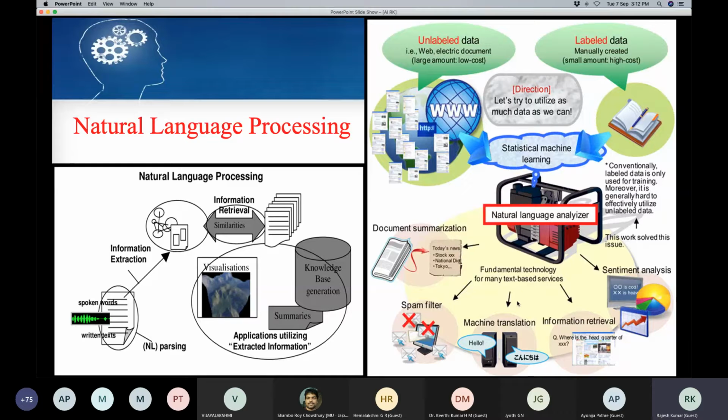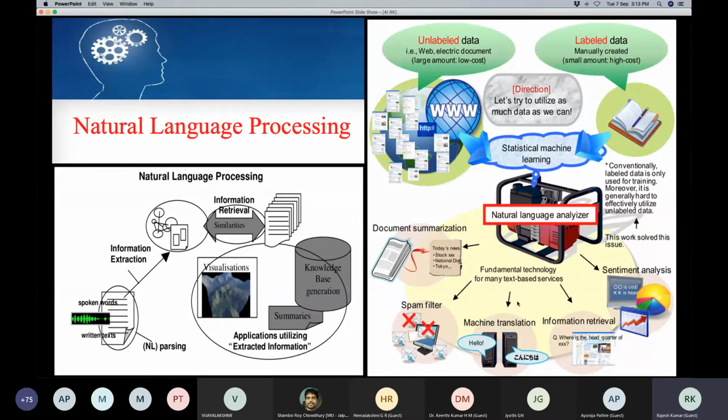Sentiment analysis: you take a few words, say Twitter words or some other words, and then you can analyze whether the person is positive or negative about that particular thing. Such applications are now very popular. Right now everybody is talking about fake news, and it is very challenging. It needs us, engineers and mathematicians, to look at how to identify fake news automatically.